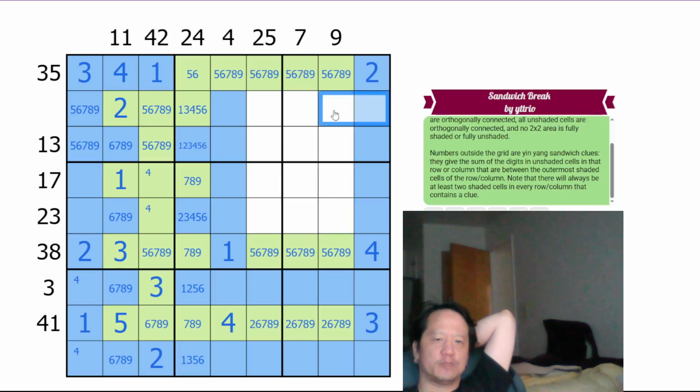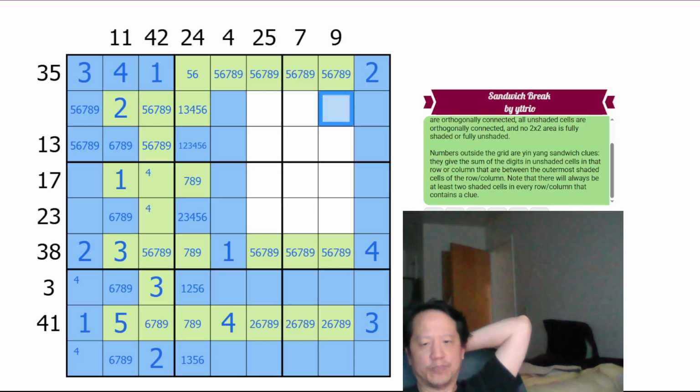Because if this is blue, this would have to be green. But the problem is we'd have 3 greens here, and they do not add up. It would be at minimum 2, 6, and 1. So, okay, say we had a blue here. If we have blue here, that guarantees this is green.